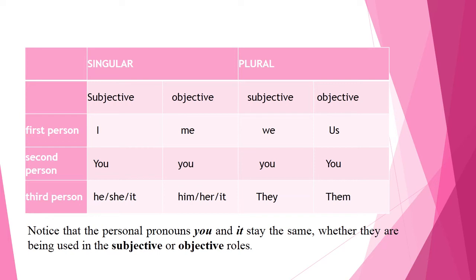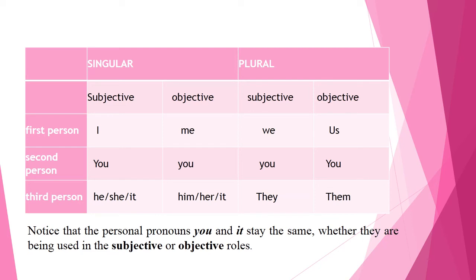In second person, only one pronoun is used, and it will remain the same whether it is used in subjective form or objective form, or in a singular way or a plural way. It will remain the same.